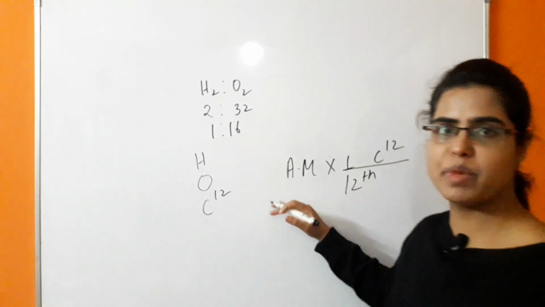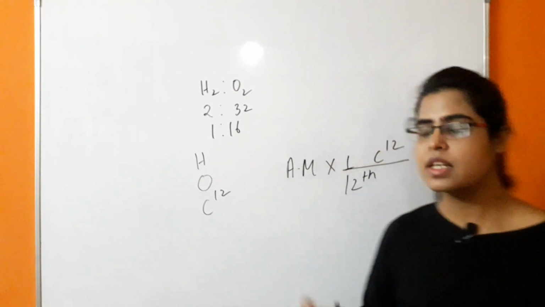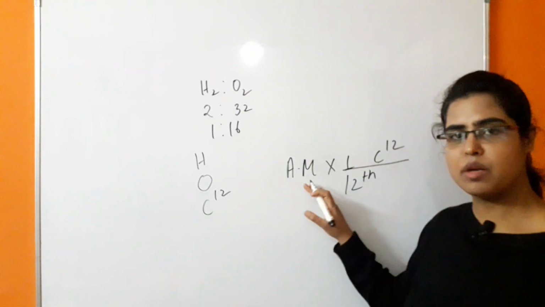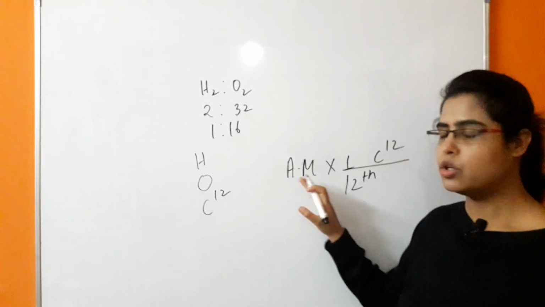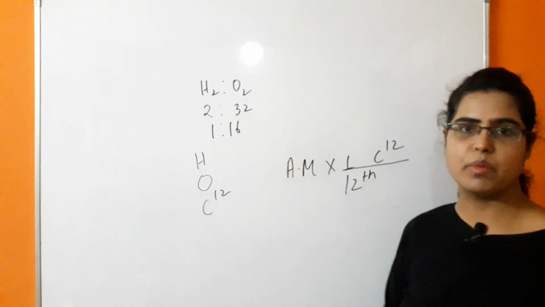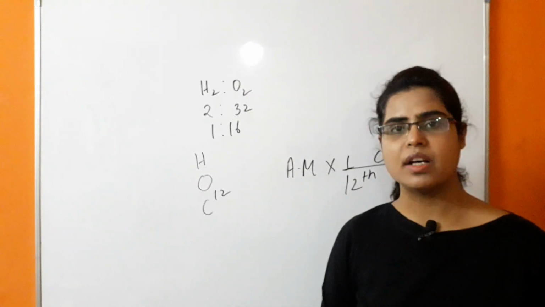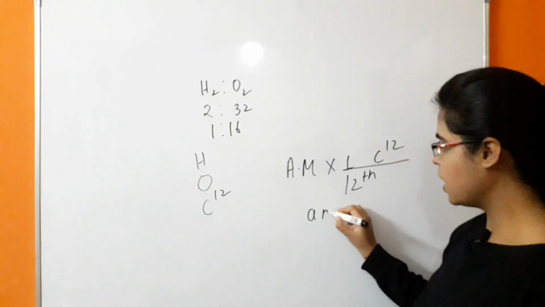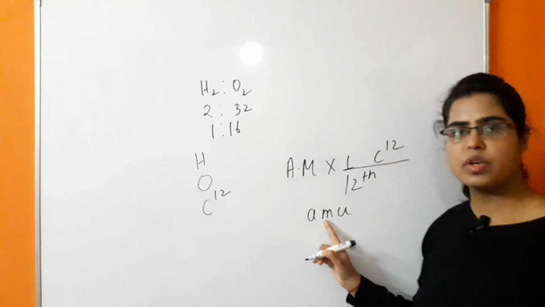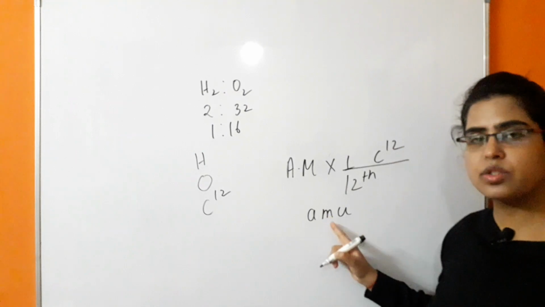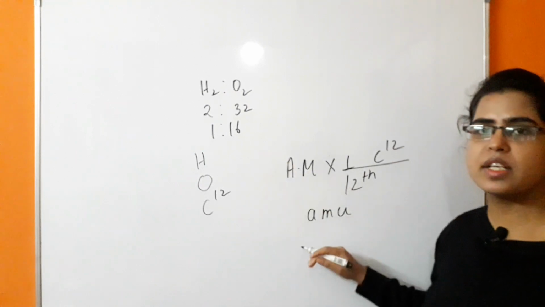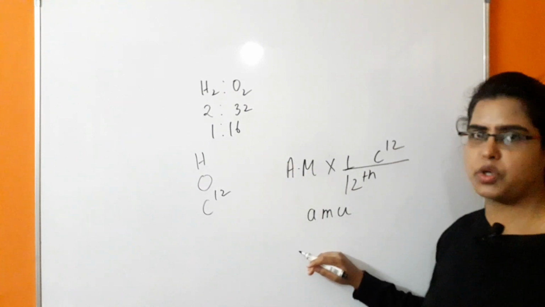This was atomic mass. Because we are taking carbon-12 as a reference atom to determine the relative atomic mass of another element, the atomic mass is represented in AMU, which is known as atomic mass unit. It is used because we are using relative atomic mass.